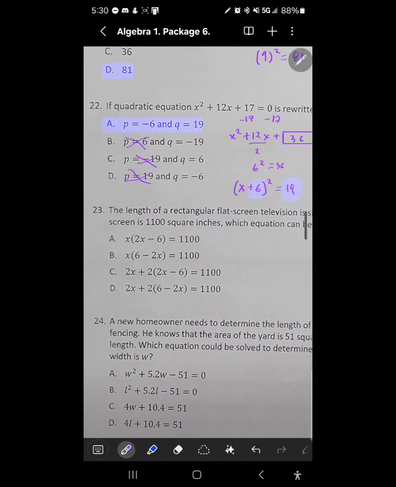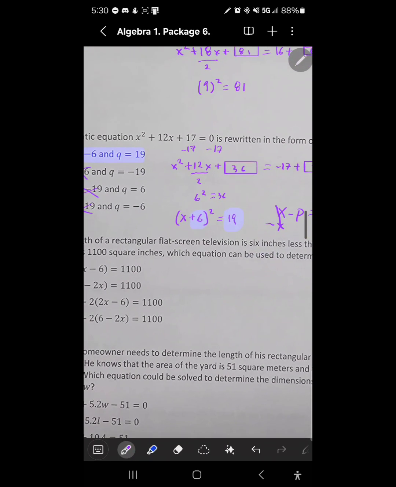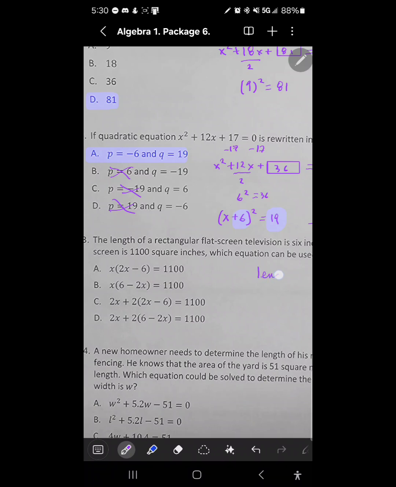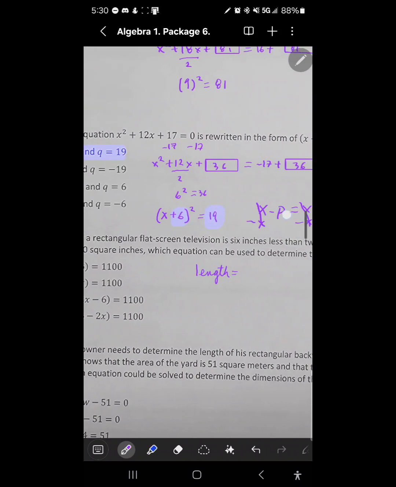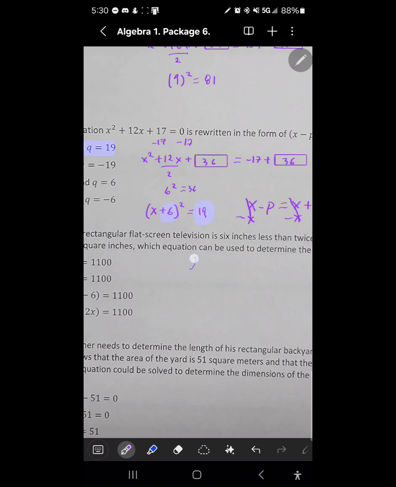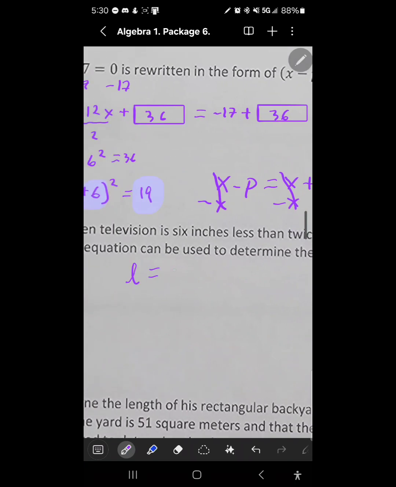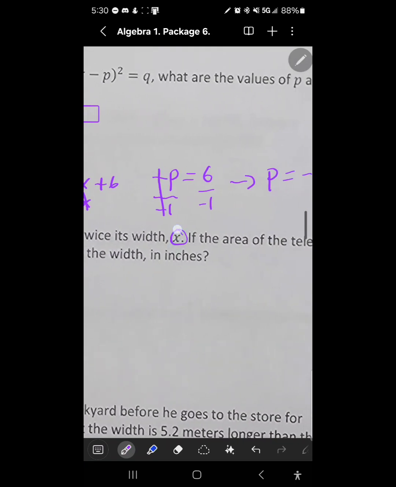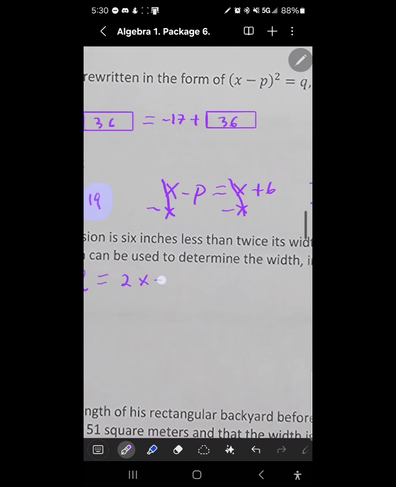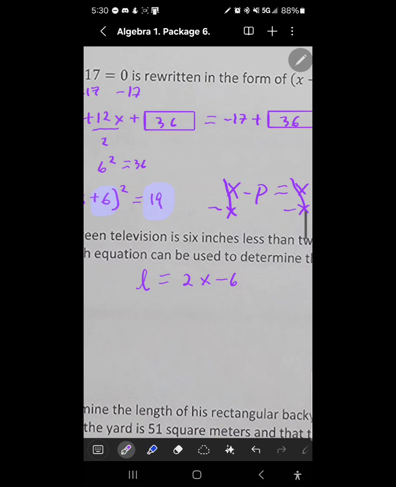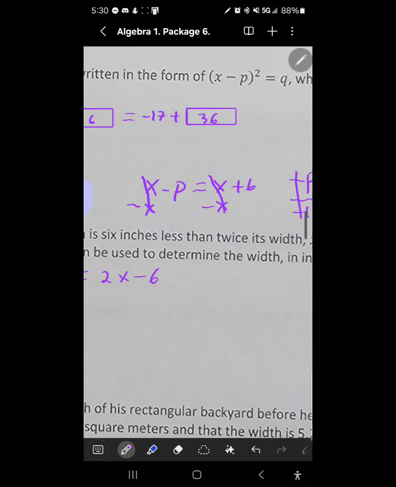So, okay, we have that the length is going to be equal, I'm just going to call it L, by the width. The length is 6 inches less than twice its width, and they say that the width is x, so it will be 2x minus 6, since it is 6 inches less than twice the width.